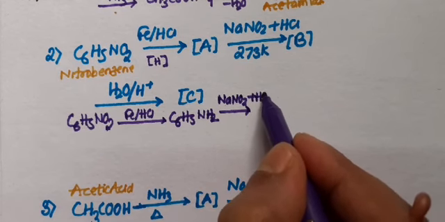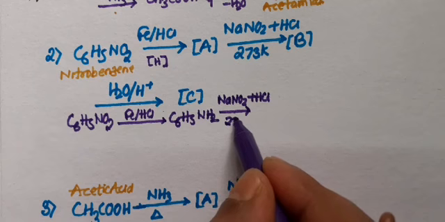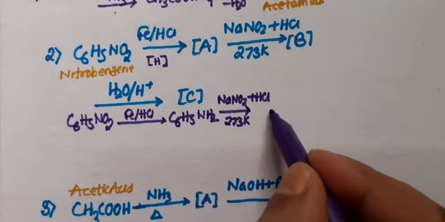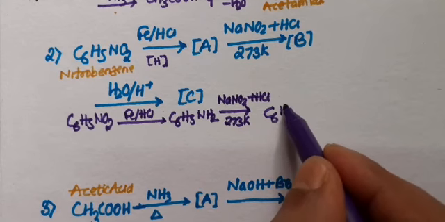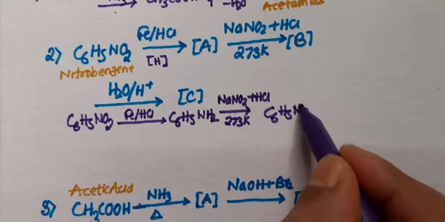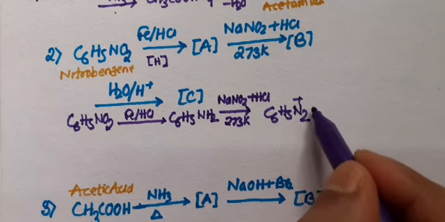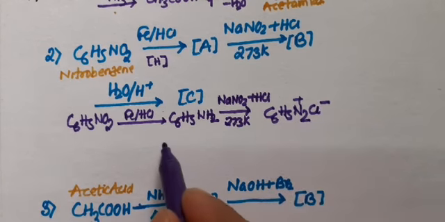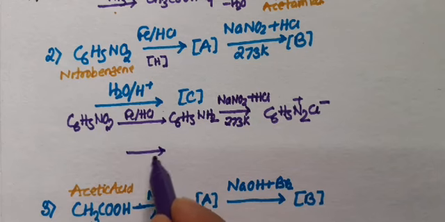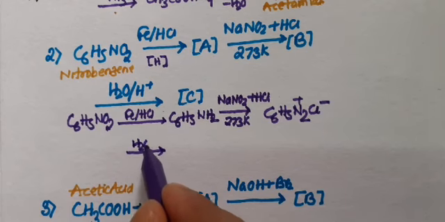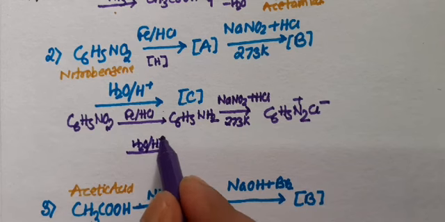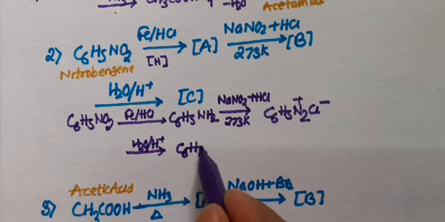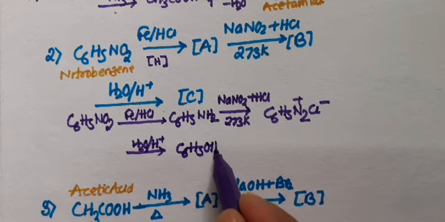NaNO2 plus HCl at 273 Kelvin, it undergoes a diazotization reaction and forms C6H5N2+Cl-, that is benzene diazonium chloride, and finally on acid hydrolysis it is converted into C6H5OH.